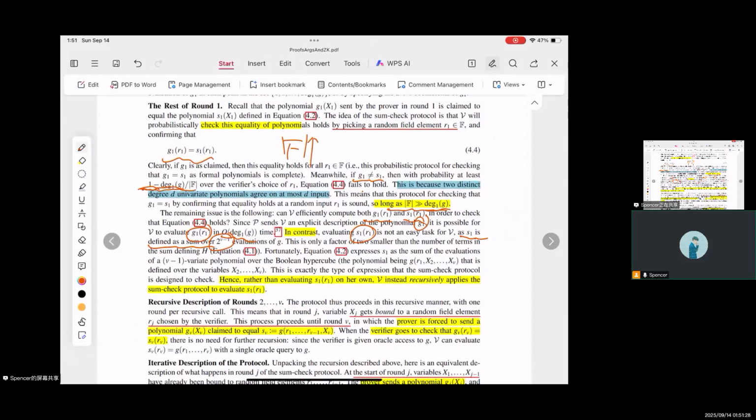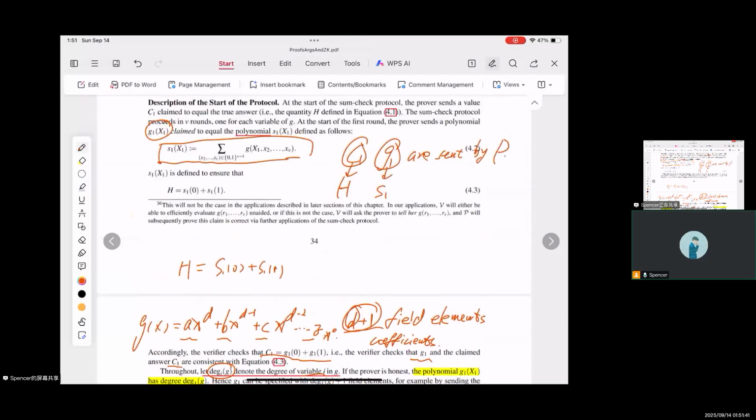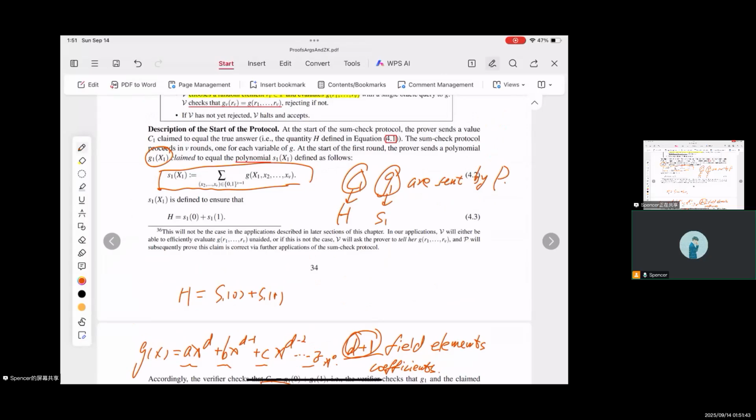This is only a factor of 2 or smaller than the number of terms, because for calculating h there should be O(2^v), because there are v variables, and for each one there are 2 possible inputs.